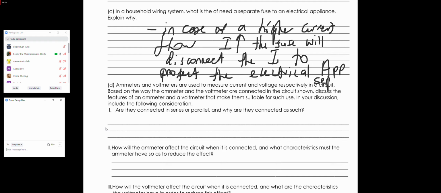That's the most important keyword, separately. It can protect them separately. This is the best part of it.